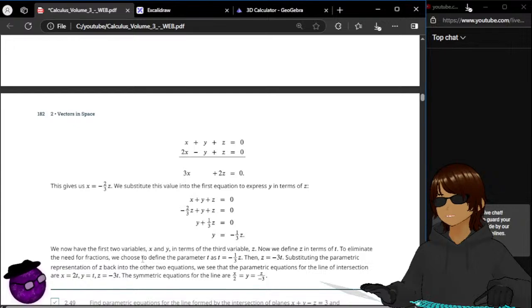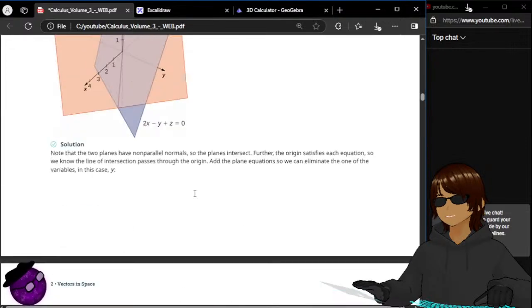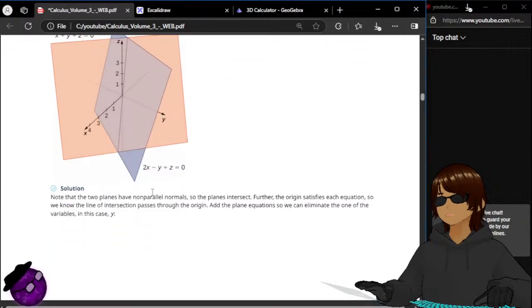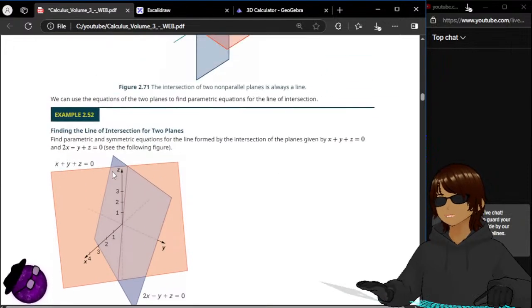To eliminate the fractions, we choose to define the parameter t as t is equal to minus 1 over 3 z. Then z is equal to minus 3t. Substituting the parametric representation of z back into the other two equations, we see that the parametric equation for the line of intersection is this. The symmetric equations for the line are x over 2 equals y, which equals z over minus 3. So in order to solve such questions, we have to know at least one point where they intersect, right?